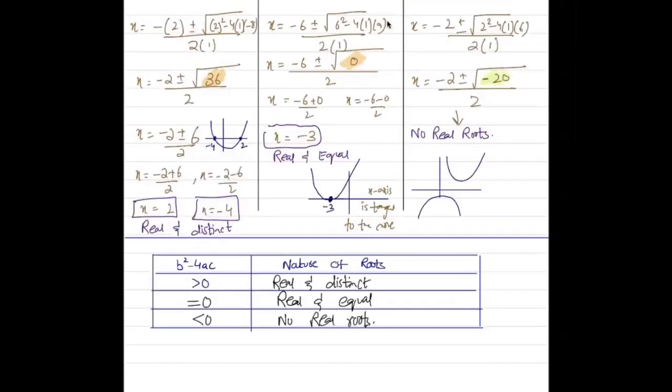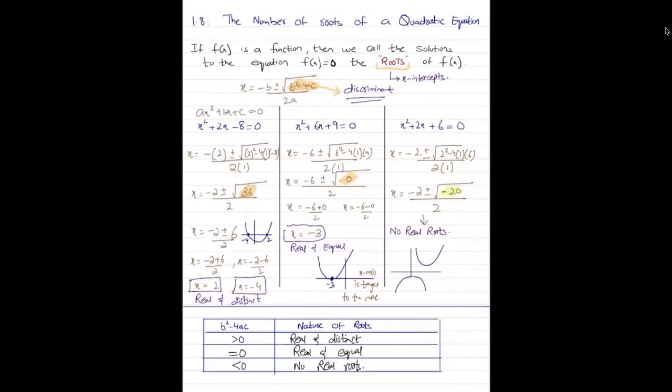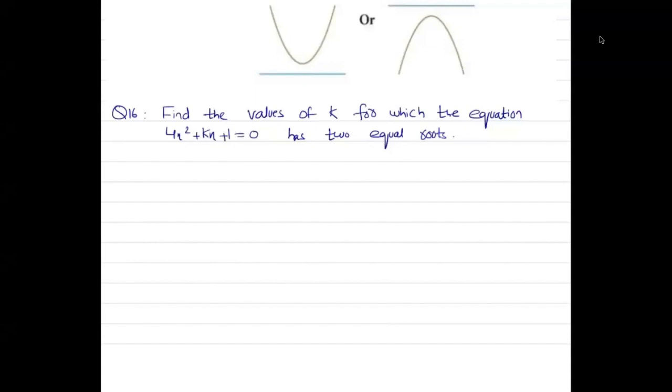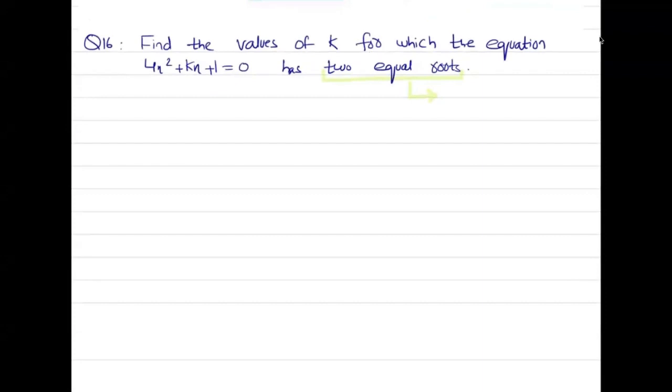Yes, sir. Okay, I want you to note this down. Find the values of k for which the equation 4x squared plus kx plus 1 has two equal roots. What do we understand by the term two equal roots? Both roots are equal. Yes.